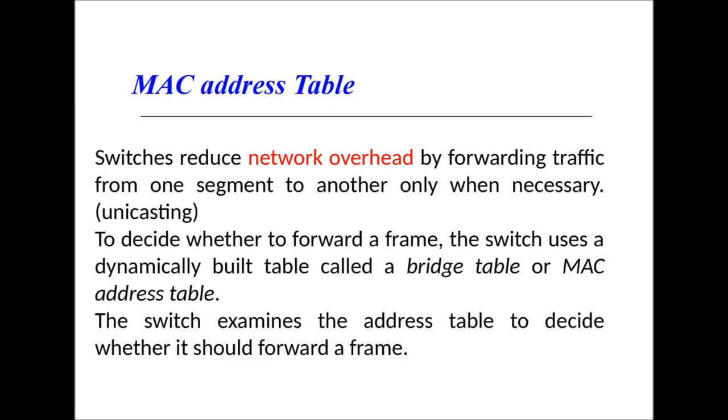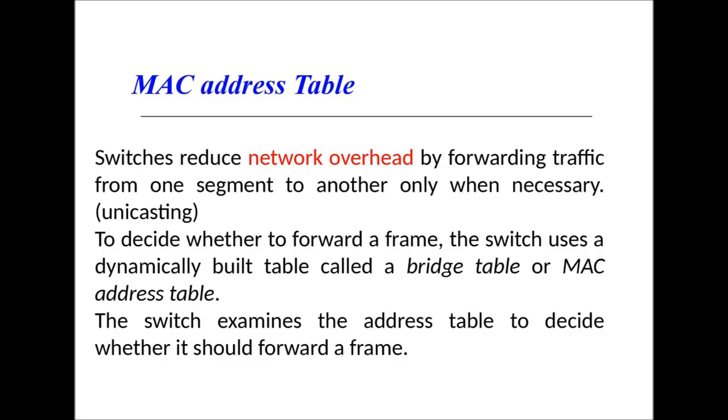This table is contained by the switch, and the switch contains this table for data transmission. So that's why this is called an intelligent device. Switches reduce network overhead by forwarding traffic from one segment to another only when necessary. This is called unicasting. This is a feature of a switch, unicasting.